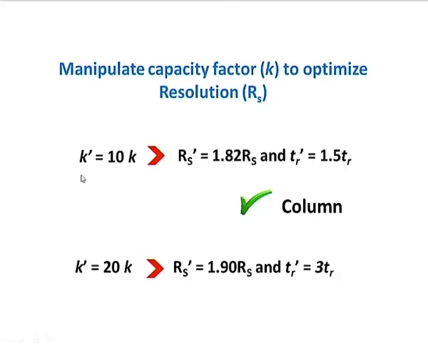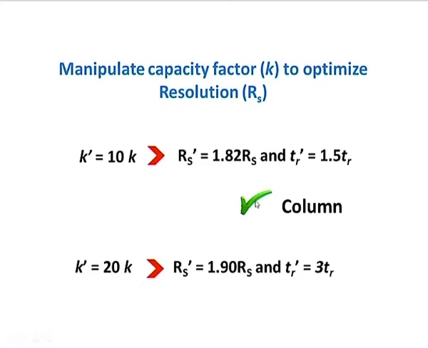In one case we enhanced capacity factor from 1 to 10, and the impact on resolution was that it changed to 1.82 and retention time changed to 1.5. In the next case, capacity factor was enhanced to 20, resolution was enhanced to 1.9 and retention time was enhanced to 3 times the original value.